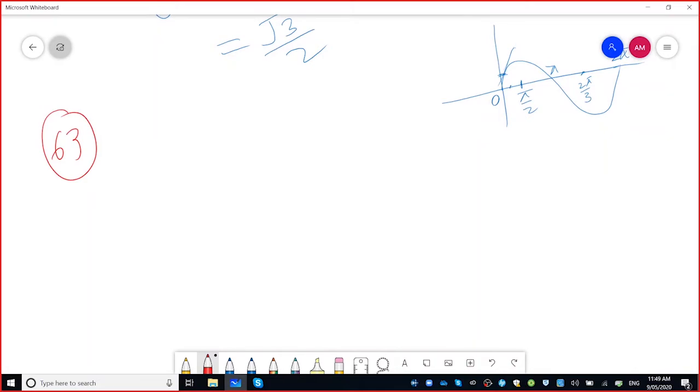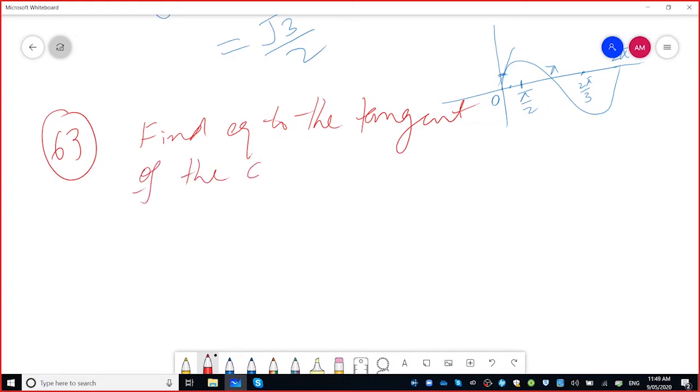So, equation of the tangent to the curve. We have to find the equation of the tangent of the curve. And what is the equation of the curve? y equals x sine x.